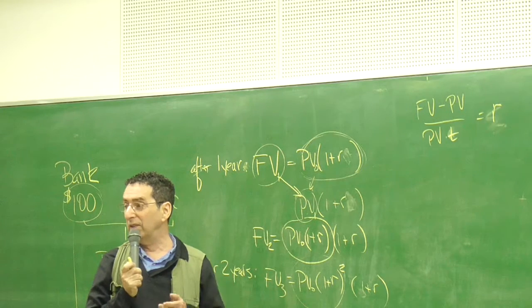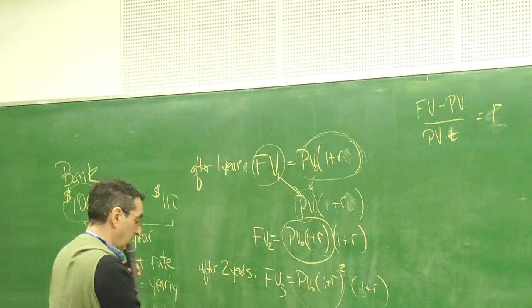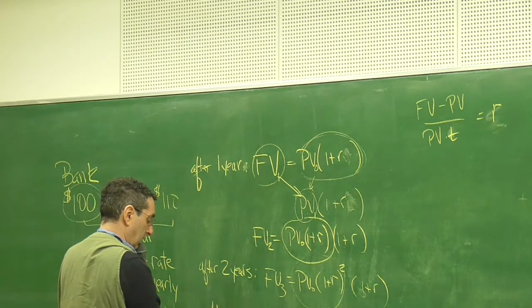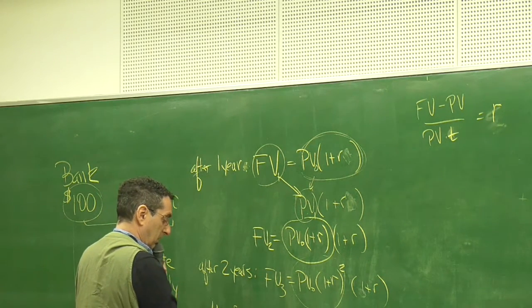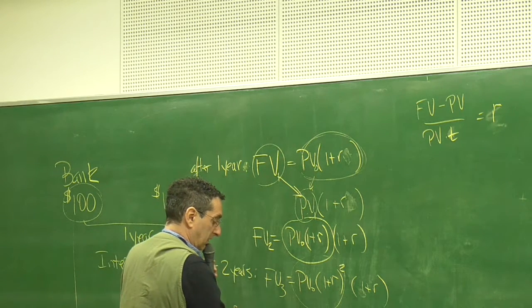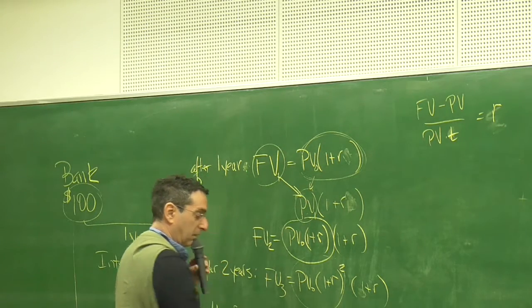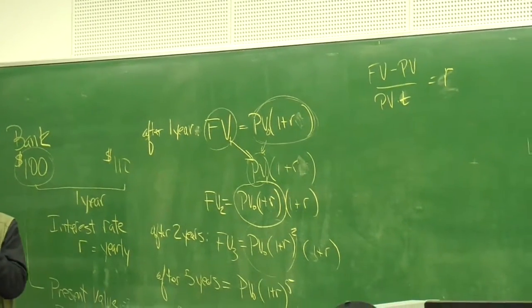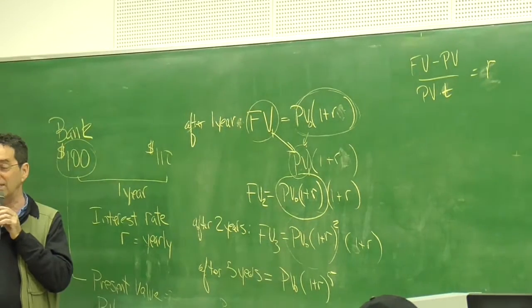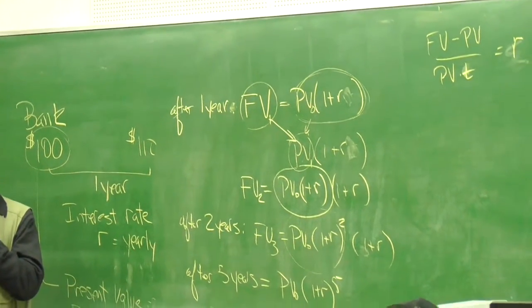And what's going to happen as we continue to do this? It's just going to happen over and over again, right? So after 5 years, what's the formula going to look like? It's going to be PV0, 1 plus R to the 5. Okay, so that works out pretty nicely. If it didn't work out nicely, we probably wouldn't study it.